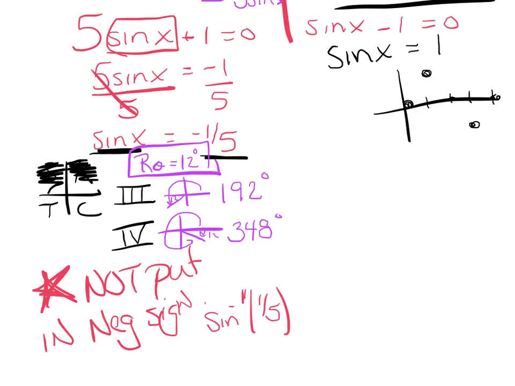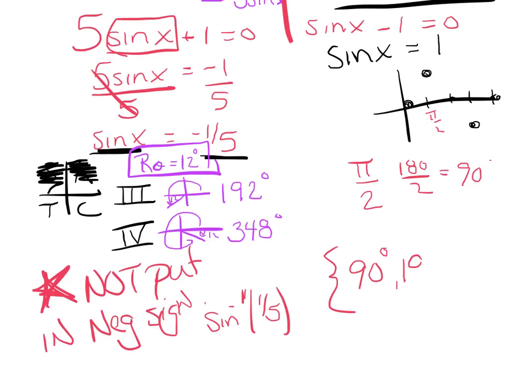Well, I would say once at pi over 2. Okay? Now, do they want the answer in degrees or radians? Well, I believe it said degrees, so I'm going to say pi is really 180, so pi over 2 is 90 degrees. So I've got a total of 3 answers. I've got 90 degrees, 192 degrees, and 348 degrees.